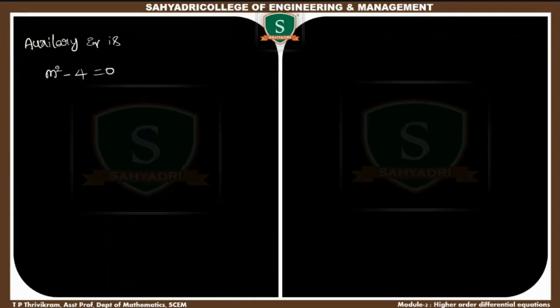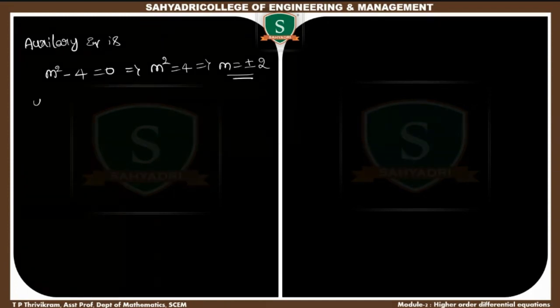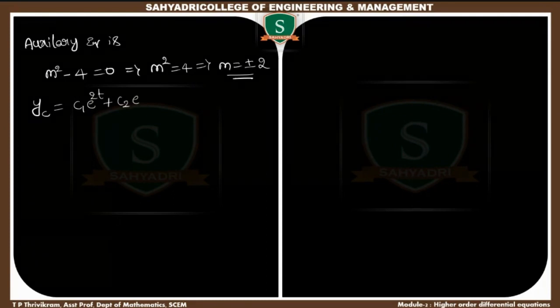Correct. Implies m square equal to 4, implies m equal to plus or minus 2. Okay. So what do you mean by plus or minus 2? Those are distinct roots. So yc is equal to c1 e power 2t plus c2 e power minus 2t.